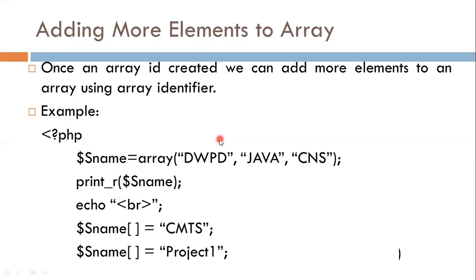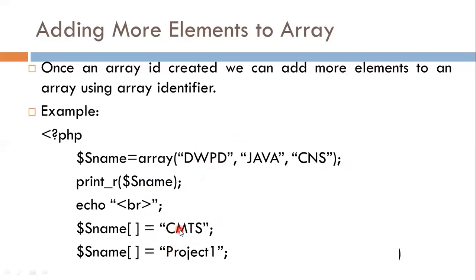subjects in the same array. So I write dollar s name, then open close bracket equal to CMTS. Here I create an array using the array function, and after that I can declare to the array using the array identifier.